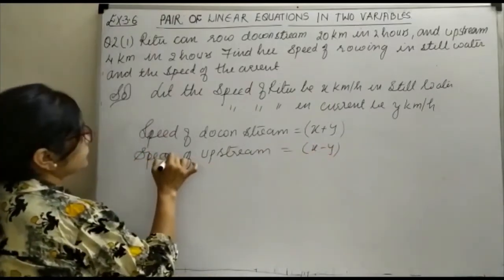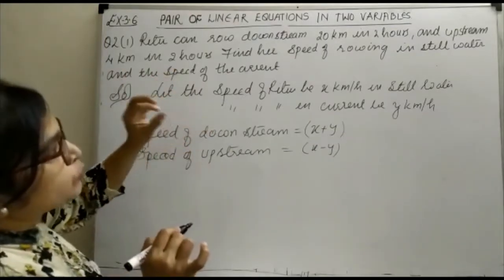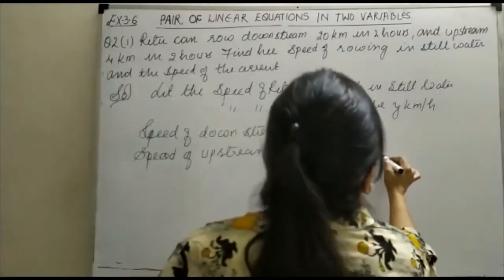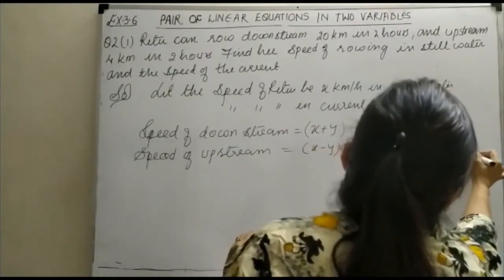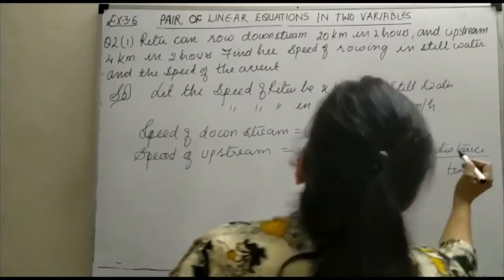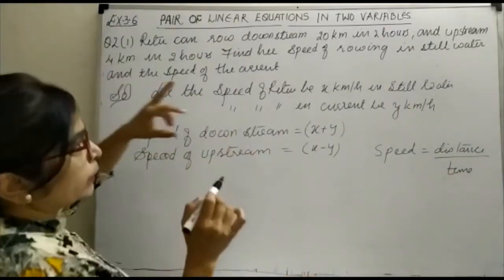So again we'll come to the question. Ritu can row downstream 20 km in 2 hours. We know the formula: speed is equal to distance upon time. So it's given Ritu can row downstream, that means 20 kilometers.